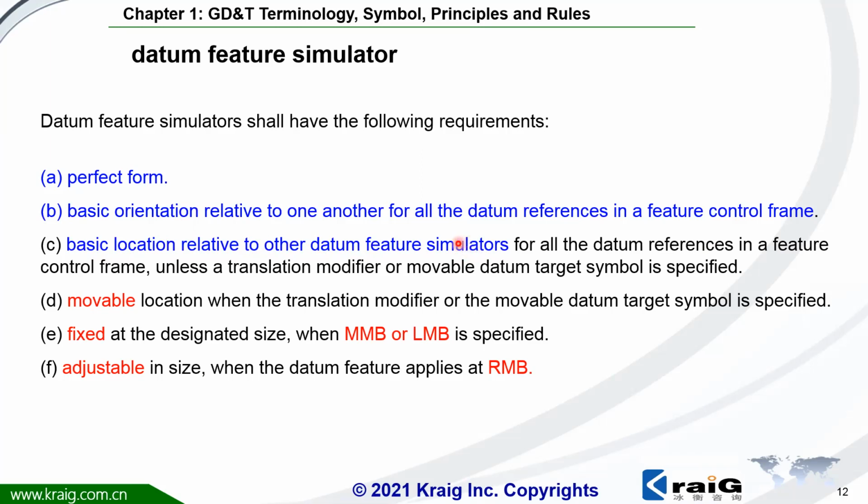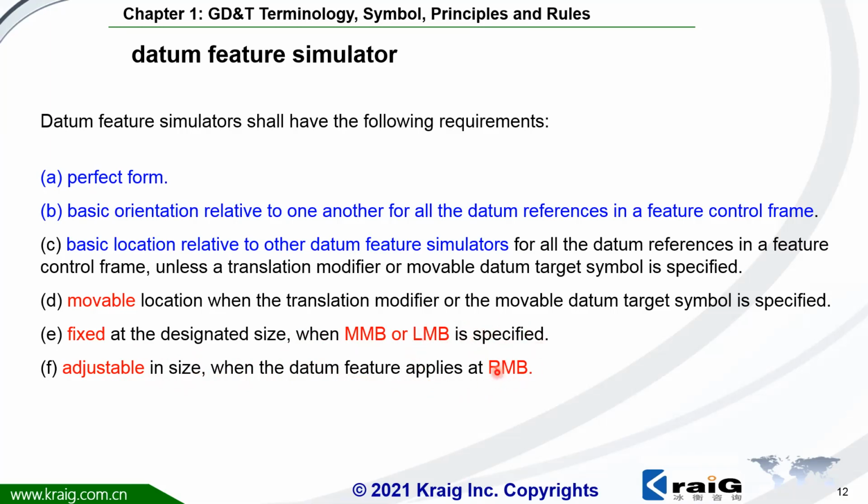Unless there's a translation modifier or movable datum target symbol specified. We are going to learn what a movable datum simulator is and also datum target. When the datum has MMB or LMB, usually the datum simulator size is fixed. If the datum feature applies at RMB, the size is adjustable. So what is MMB and what is LMB and RMB?